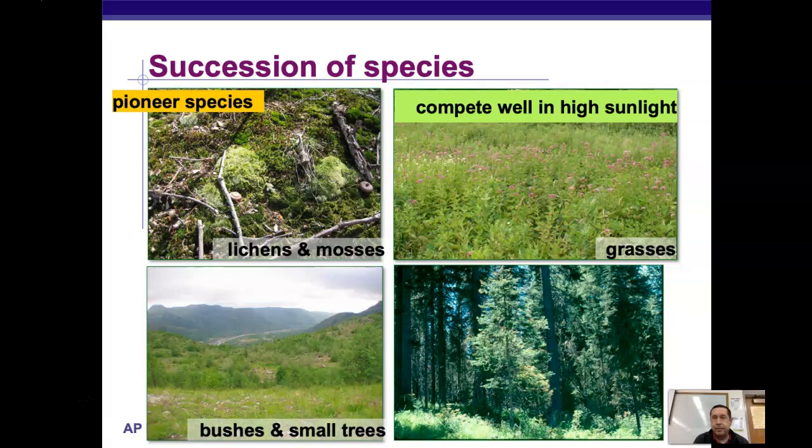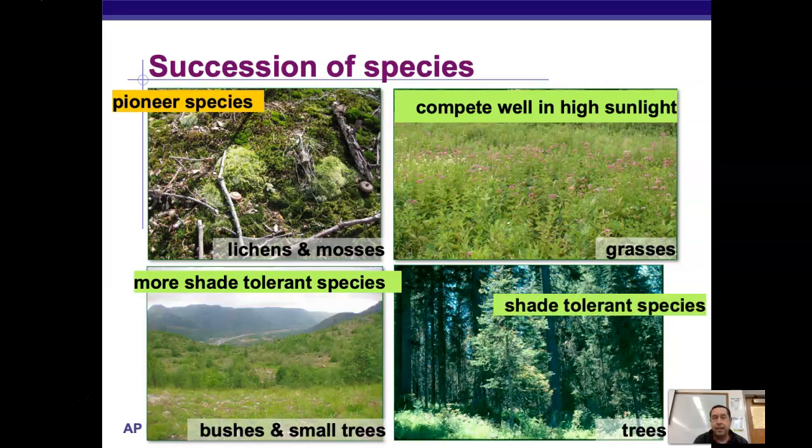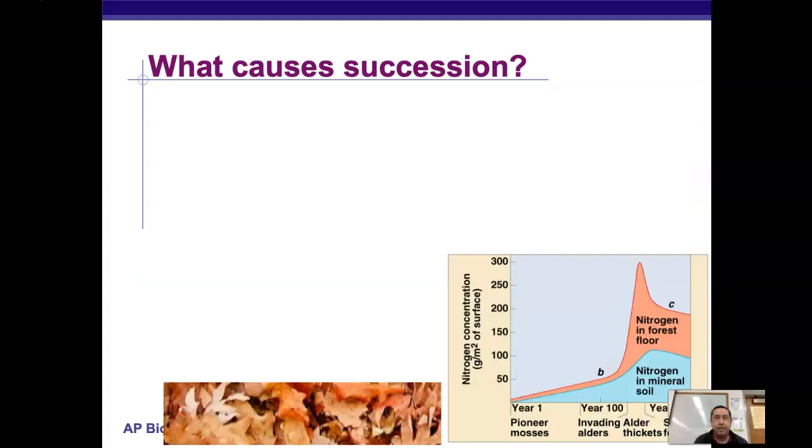Brushes and small trees can move in as the soil gets thicker and richer. More shade-tolerant species show up, and then you get the trees, if we're talking about a forest biome, more shade-tolerant species. Stable community, sometimes we call this the climax community. In this case, it would be a climax forest. Now, the climax community isn't always trees. It could be grasslands. It could be lots of things depending on which biome you're in.